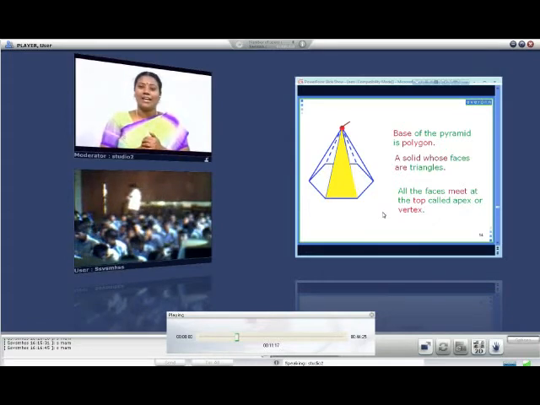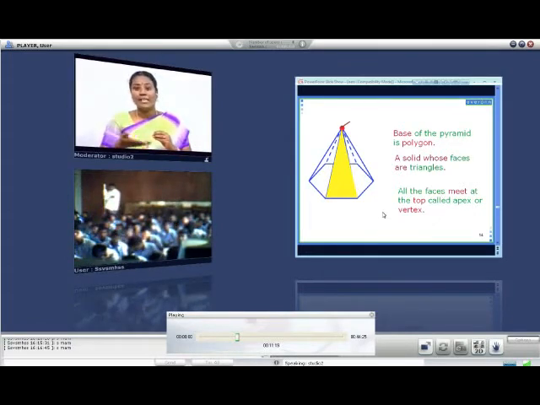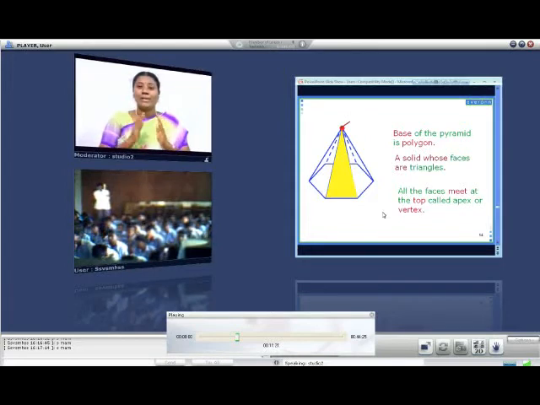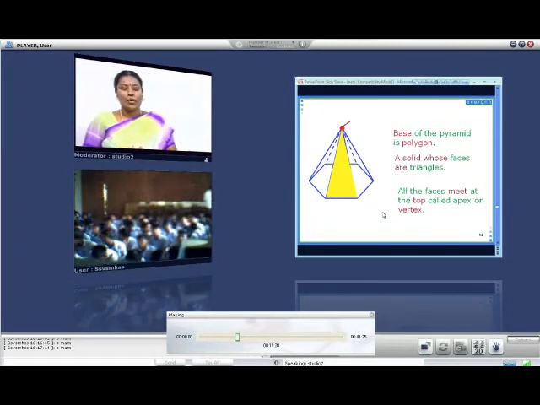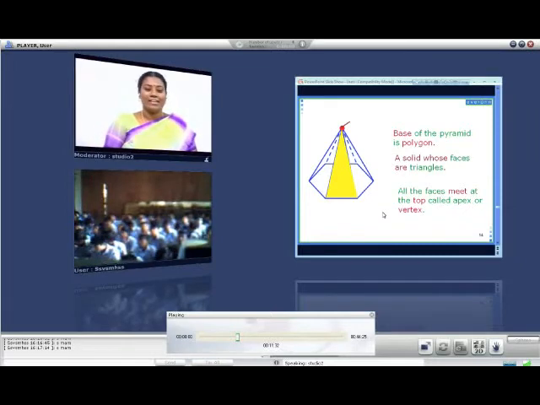Is that clear? So according to the base of the pyramid, the pyramids are classified. We are going to see how the pyramids are classified according to their bases. Are you clear?